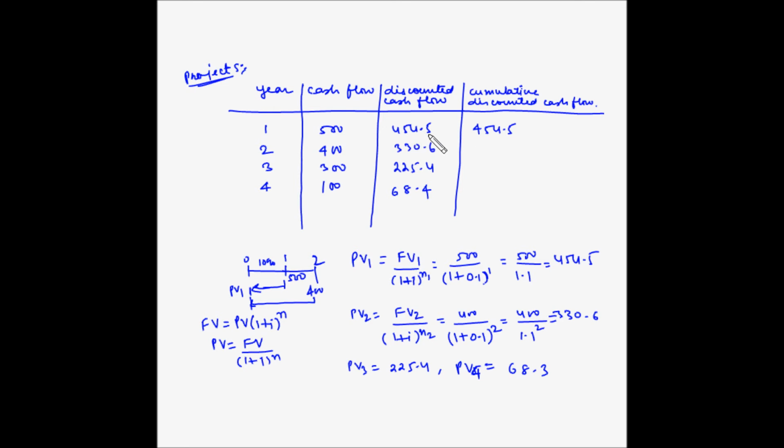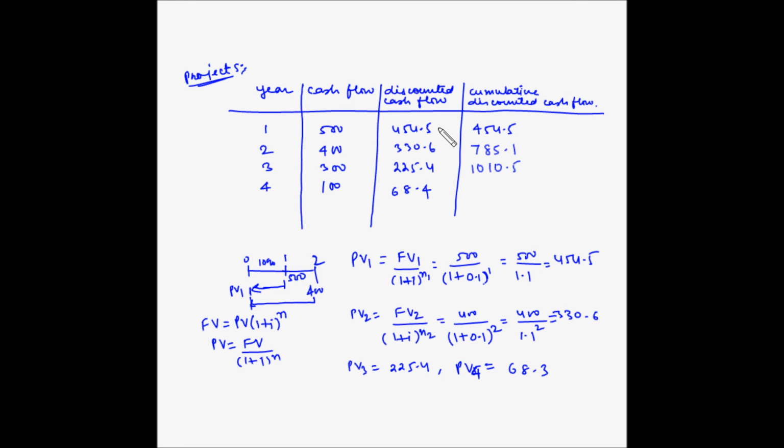So 454.5 plus 330.6, which is 785.1. At the end of the third year, the cumulative will be the addition of the cash flows received during the first year, second year, and third year. So the cumulative discounted cash flow at the end of third year becomes 1010.5.